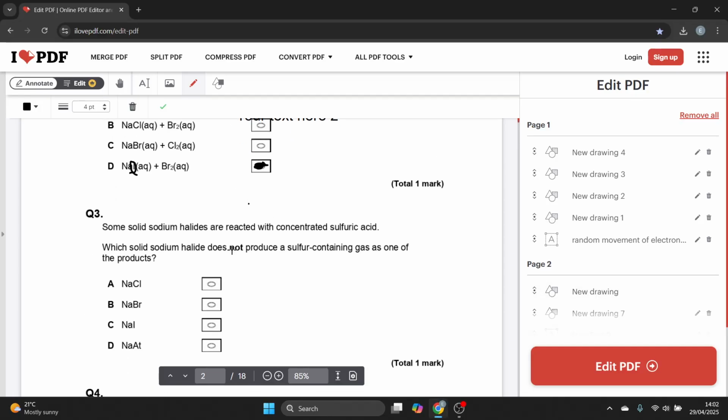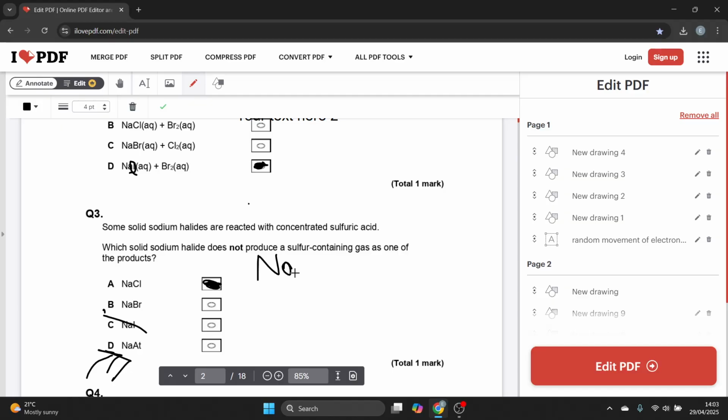Some solid sodium halides react with concentrated sulfuric acid. Which solid sodium halide does not produce a sulfur-containing gas among the products? NaBr, I know this definitely does. I'm not sure about the others, but I know NaCl doesn't, because you need to know that equation as well.